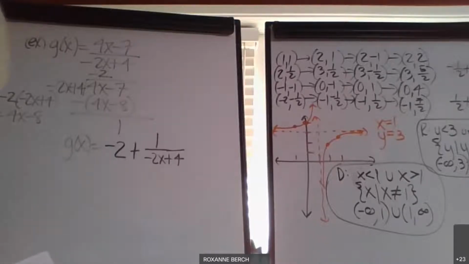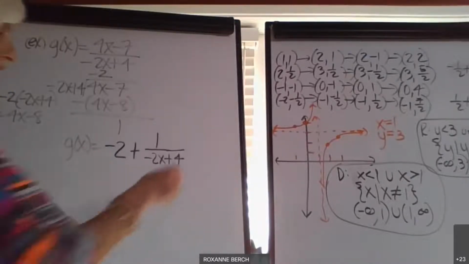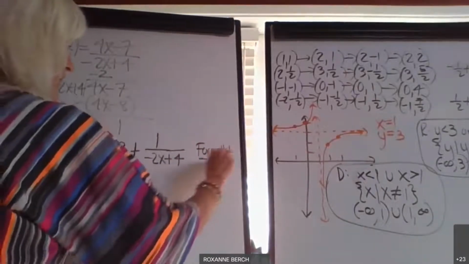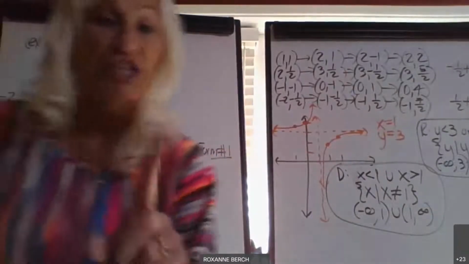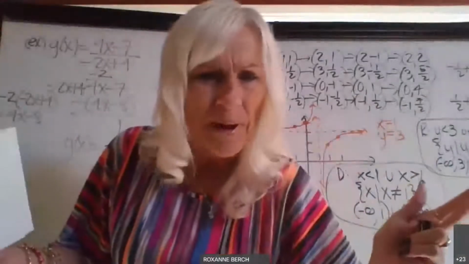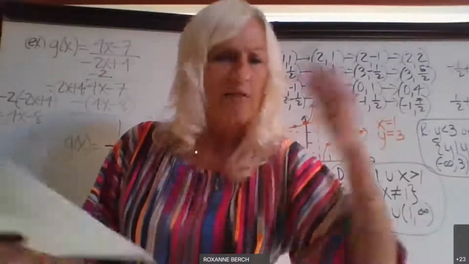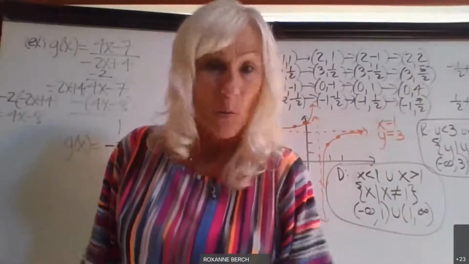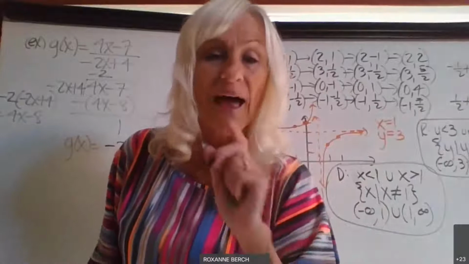Now listen up. This right here is form number 1. We love form number 1 for the quadratic. We love form number 1 for the cubic. We love form number 1 for the absolute value.